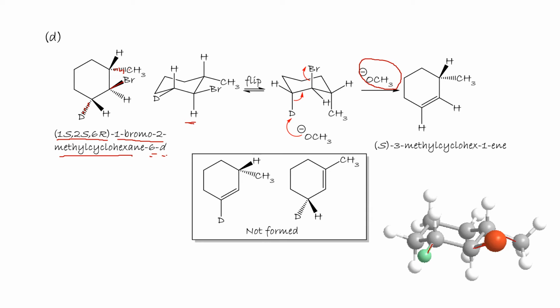Now, for the E2 mechanism to occur, Br and the leaving hydrogen should be anti-coplanar.